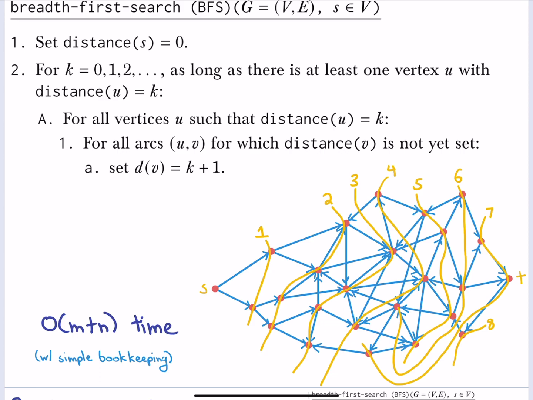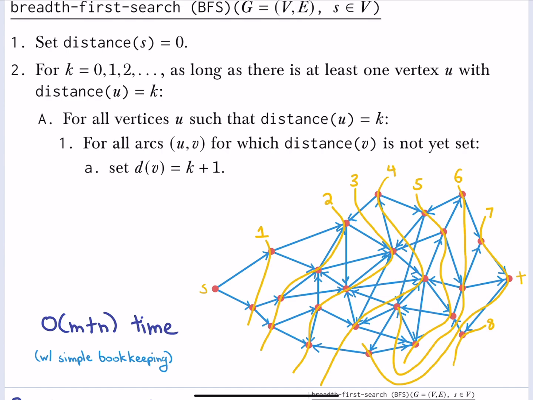Then as you go through the vertices in layer 1, you look at each edge leaving layer 1 once, as you build out layer 2, and you don't repeat if it's already been labeled. So you're only looking at each edge once. Okay, and you're only labeling each vertex once. So running time will come up to n plus n.